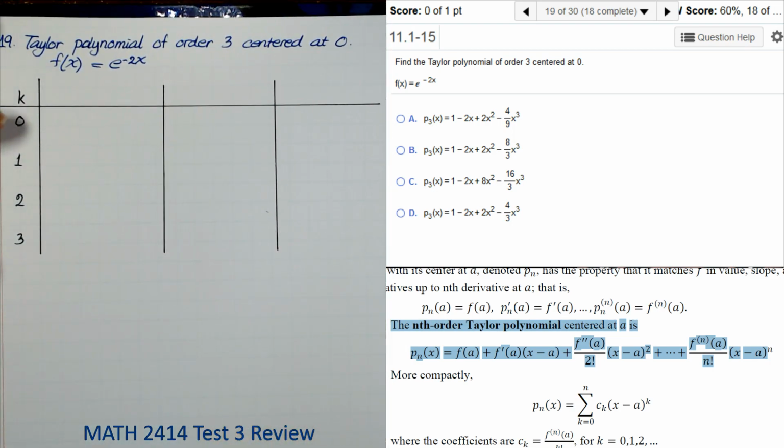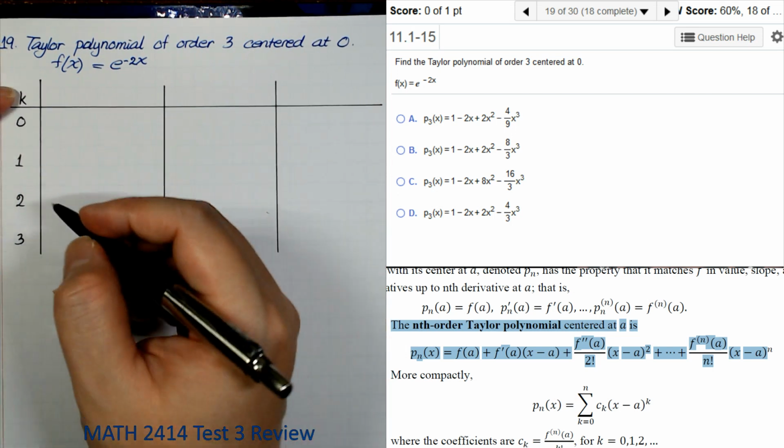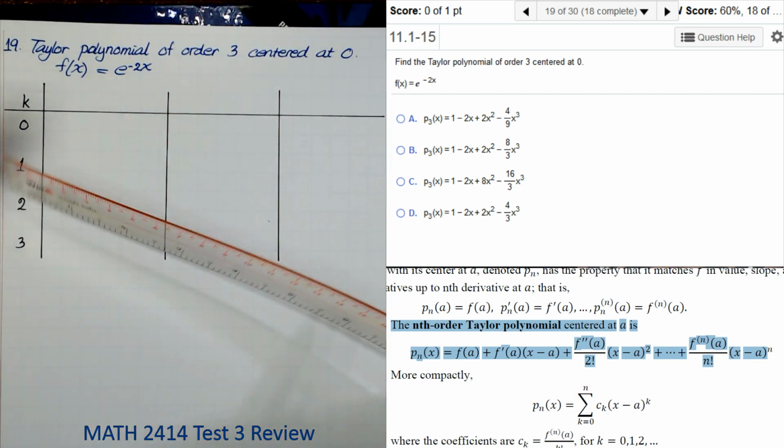Right. So on this we have k, the index. It goes like that.